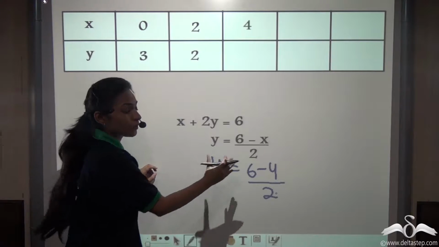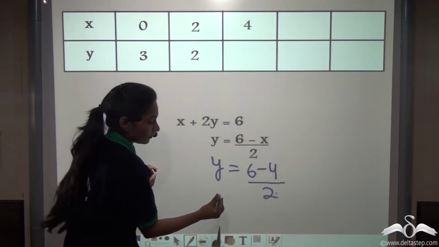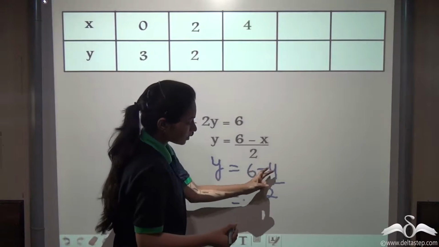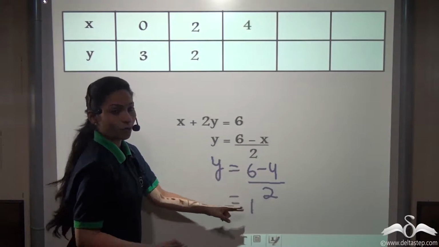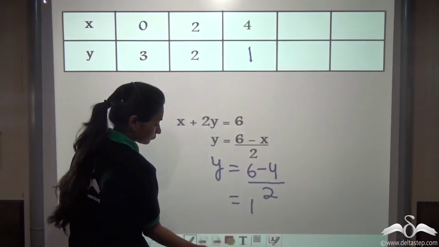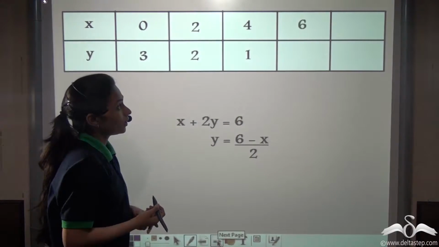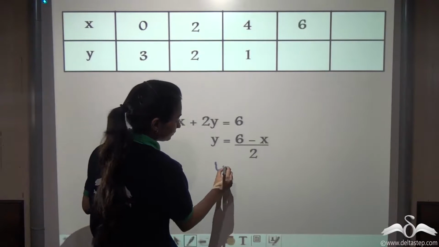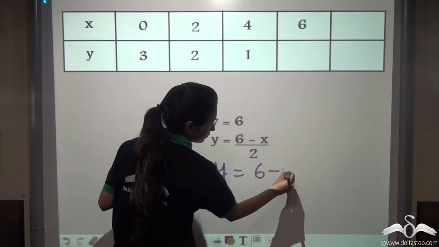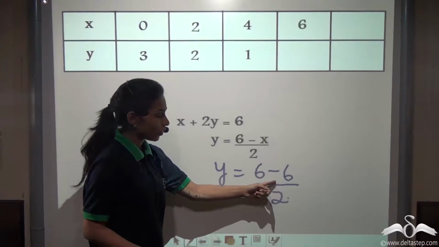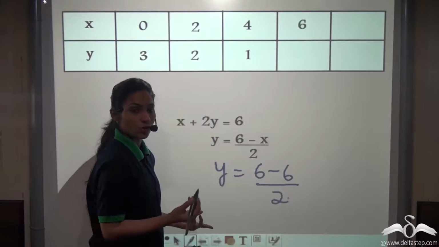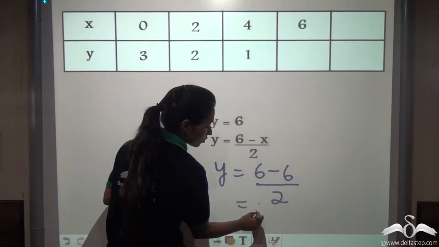So we are trying to get whole numbers in place of x and y. 6 minus 4 is 2. 2 by 2 we get 1. So when x is 4, y is 1. Similarly, we take 6 in place of x. We get 6 minus 6, that is 0, and 0 by 2 we get 0. 0 by anything is 0, so y is also 0.